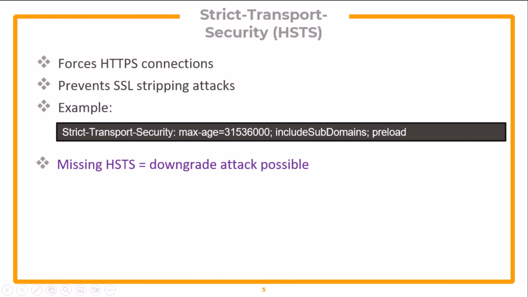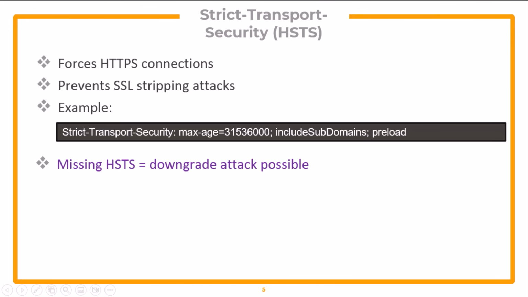Next is HTTP Strict Transport Security, or HSTS. This header is simple but powerful. It forces the browser to use HTTPS connections. Once your browser sees this header from a website, it will remember for a set period, in this example, 1 year, to never connect to that site over unencrypted HTTP.